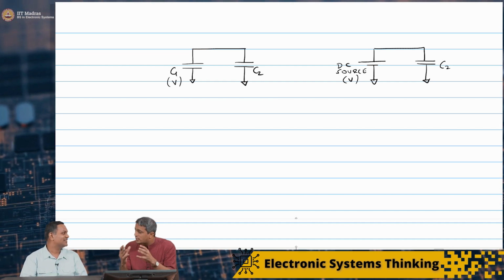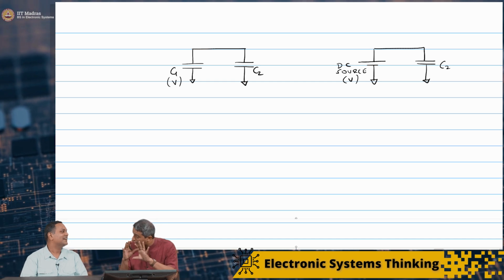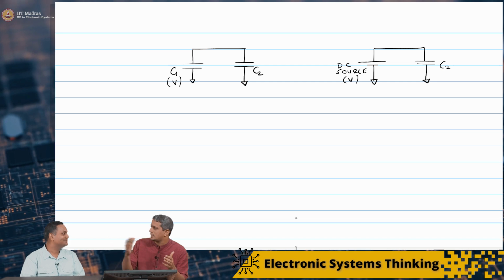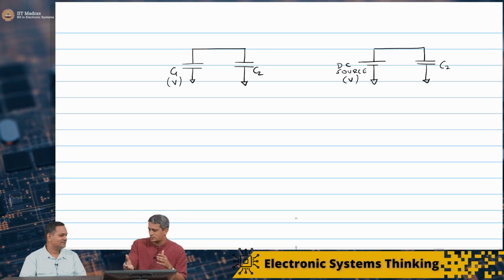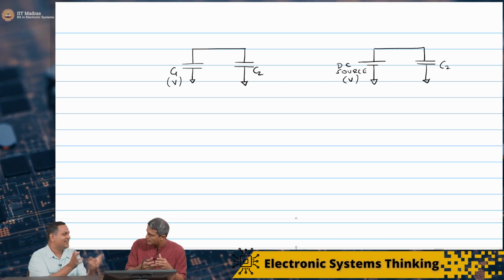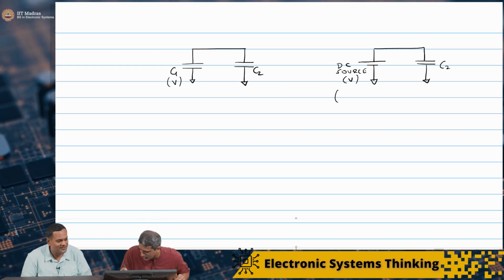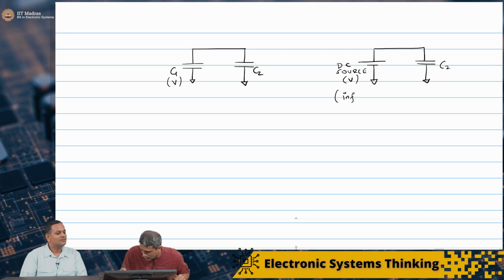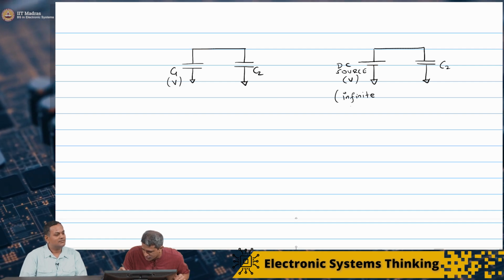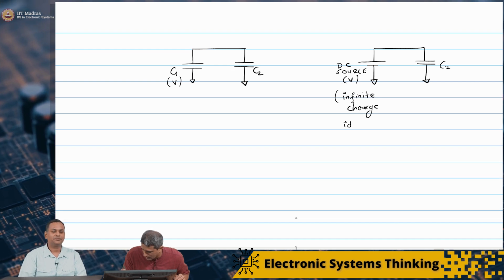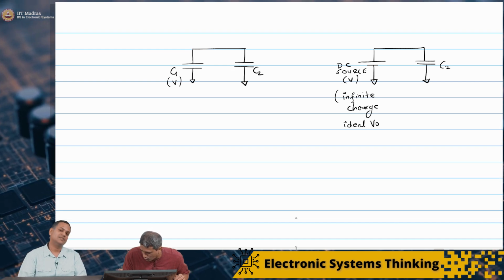That itself indicates even a battery has finite charge actually. You cannot supply infinite charge. Of course, in this case, this is an ideal voltage source, and therefore this is infinite charge.